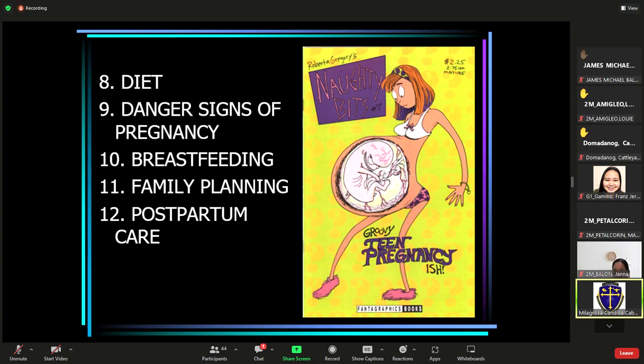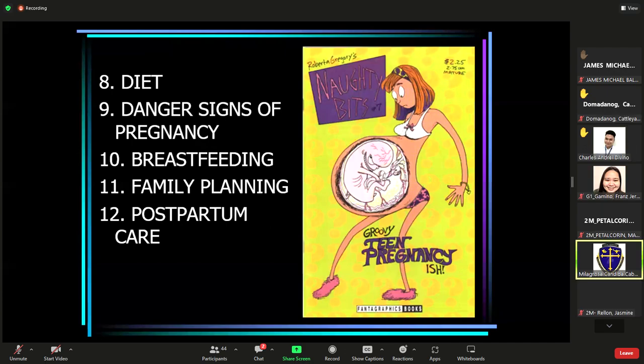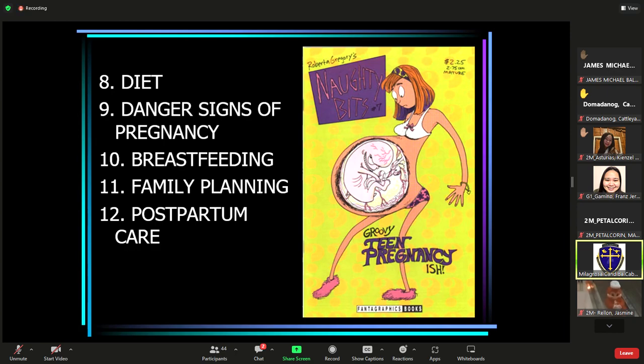How about you? Persistent vomiting po. Yes, persistent vomiting because when you vomit, the pressure is nasa abdomen po, guys. Tumitigas yung abdomen natin. Pag tumitigas yung abdomen ninyo, pwede din yan siya makakause ng uterine contraction. Sudden increase or decrease in fetal movement, ma'am.